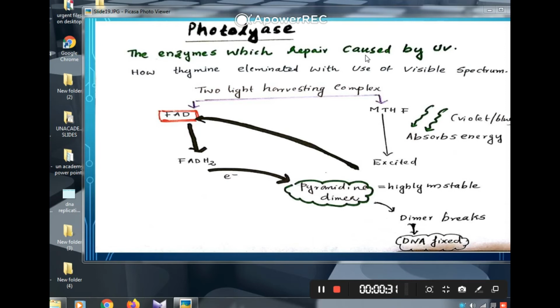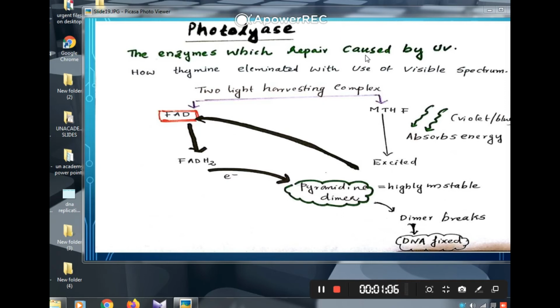An electron goes to the FAD, which changes to FADH2, and this electron passes to the pyrimidine dimer. The pyrimidine dimer is highly unstable, and when the electron reaches it, the dimer breaks and the DNA is fixed.